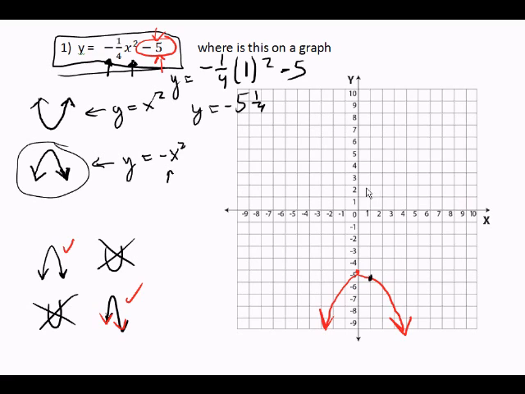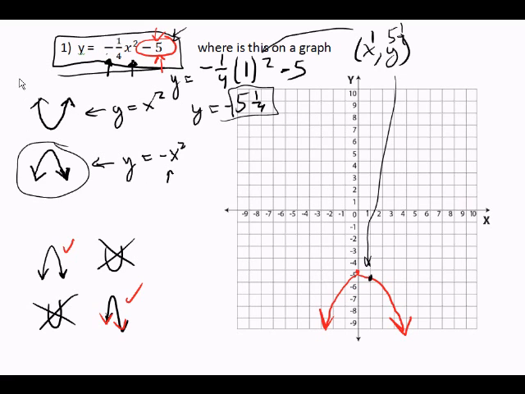If you go to x equals 1, negative 5 1/4, do you see it's somewhere about right there? All coordinates have an x and a y. The x is 1, and when you do the math, y equals negative 5 1/4. So this point right here is (1, negative 5 1/4), and that's how you would determine which graph it is.